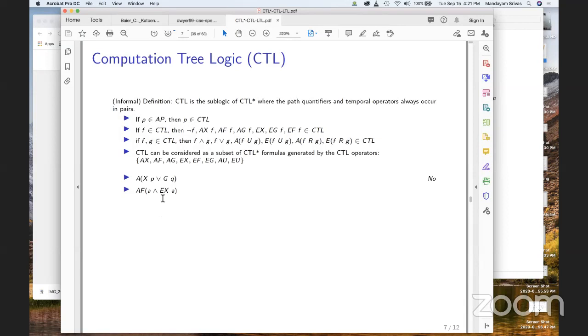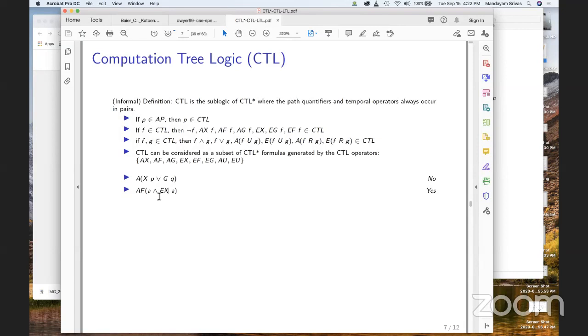As per this definition, is this a CTL formula? Yes, that is correct. AF and EX appear together. This AND is okay because it is a conjunction of two state formulas.